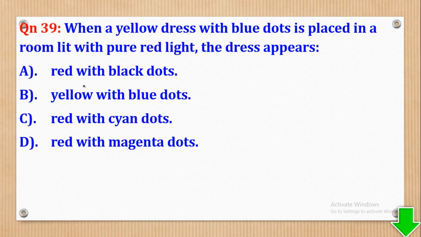So there's something we need to know about this. Yellow is a secondary color got by mixing red and green, and blue is a primary color, and also red is a primary color. So what does that imply?